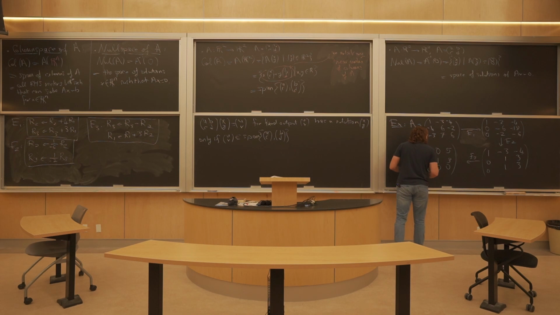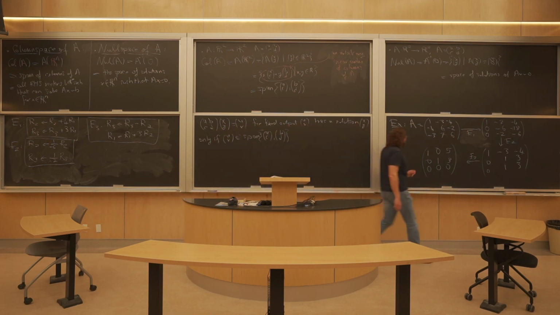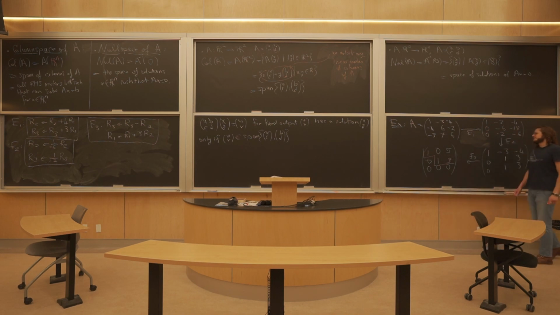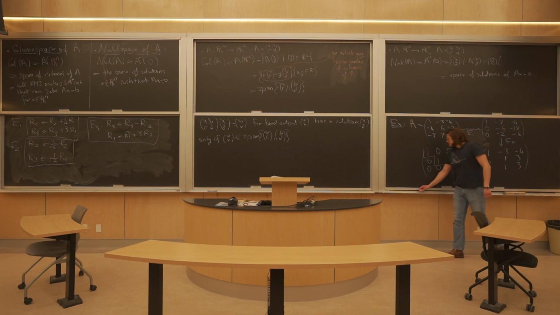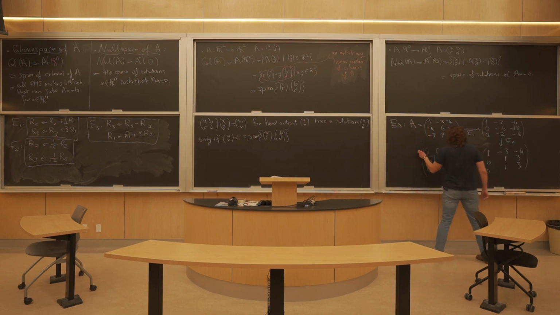And indeed, this is a reduced echelon form. And recall from week 1 that any matrix has a unique reduced echelon form. Let me call this new matrix U for upper. It's upper triangular, so I'm going to call it U. So this matrix is U. Okay?